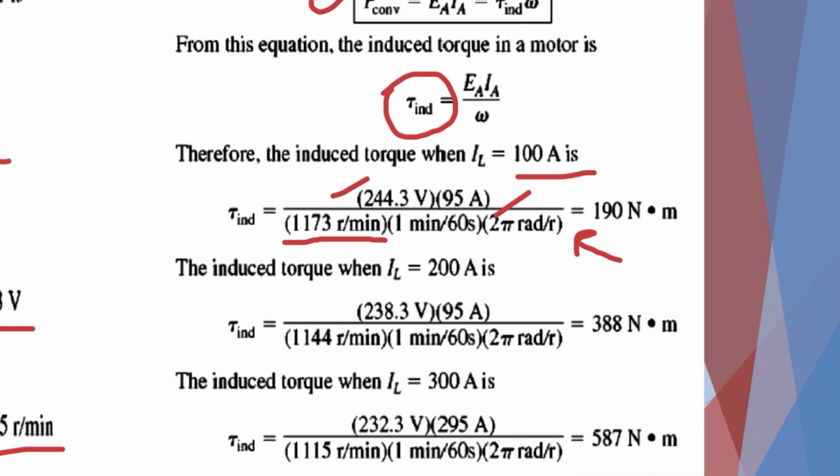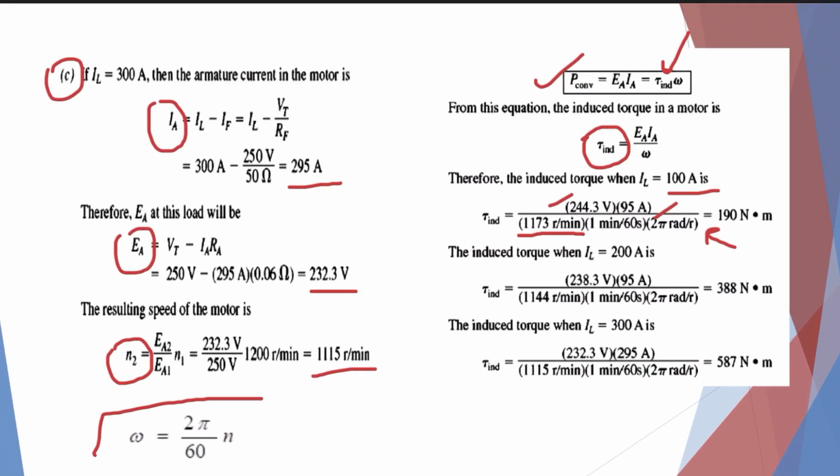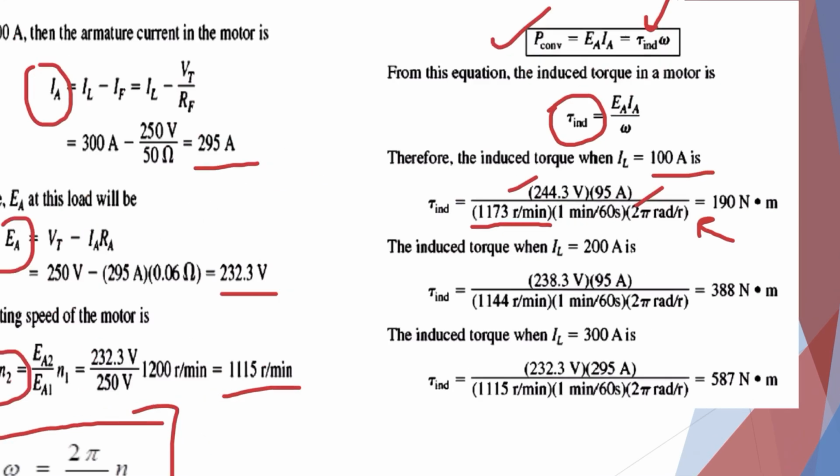So we have to multiply by 1 minute over 60 seconds, and also multiply by 2π. This is the equation to convert the speed from revolutions per minute to rad per second. You have to multiply the speed by 2π over 60.